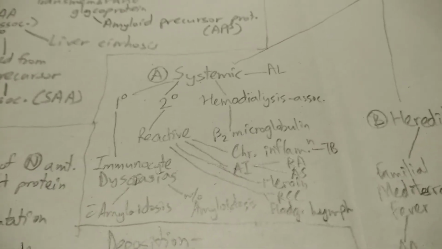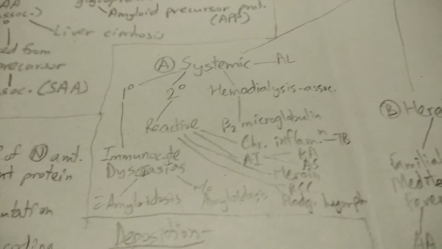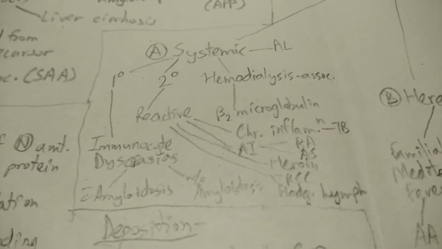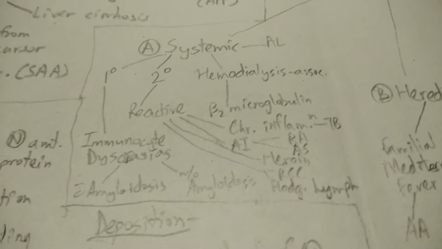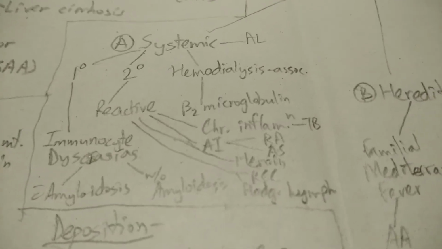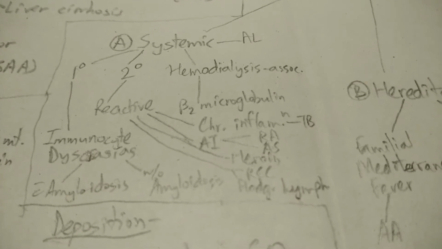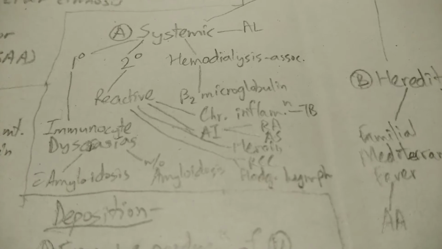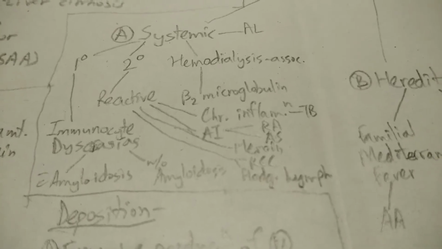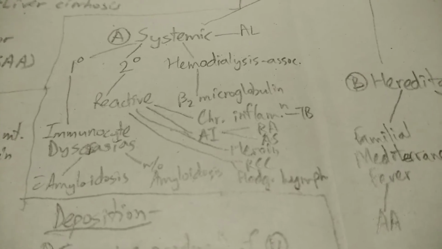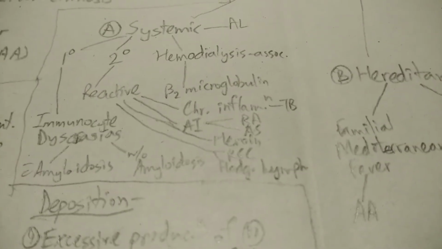So it's often associated with chronic inflammatory states such as tuberculosis, bronchiectasis, and chronic osteomyelitis, or also in autoimmune conditions such as rheumatoid arthritis or ankylosing spondylitis, or in heroin abusers where there are chronic skin infections or abscess formations, or non-immunocyte derived tumors such as renal cell carcinoma, that's RCC, and Hodgkin's lymphoma.